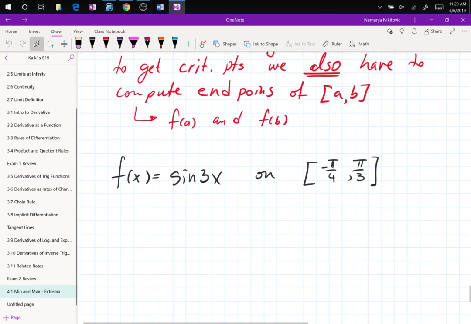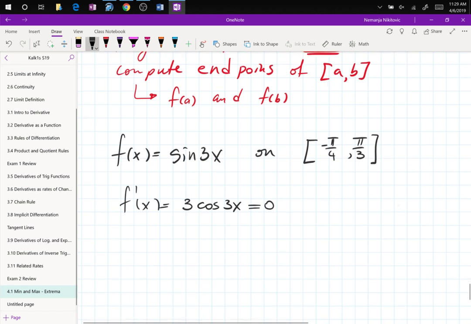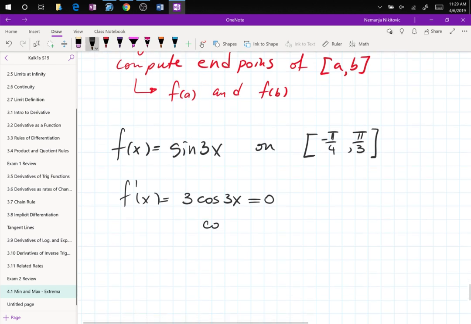All right, so this one is fun because of the trig, right? F prime of x is equal to 3 cosine 3x, and we have to set this equal to 0. So this technically means cosine 3x equals 0, and cosine is 0, if you draw a cosine graph, at pi over 2 and 3 pi over 2 and 5 pi over 2 and going on to infinity.